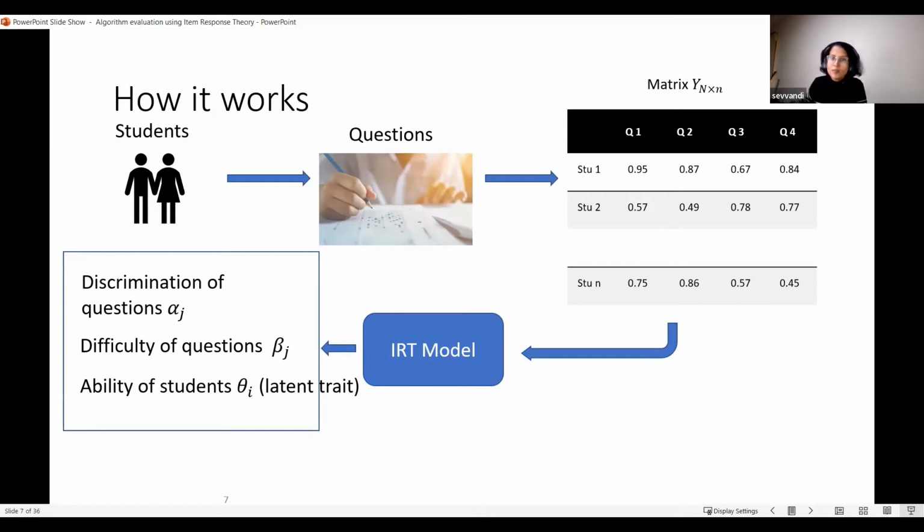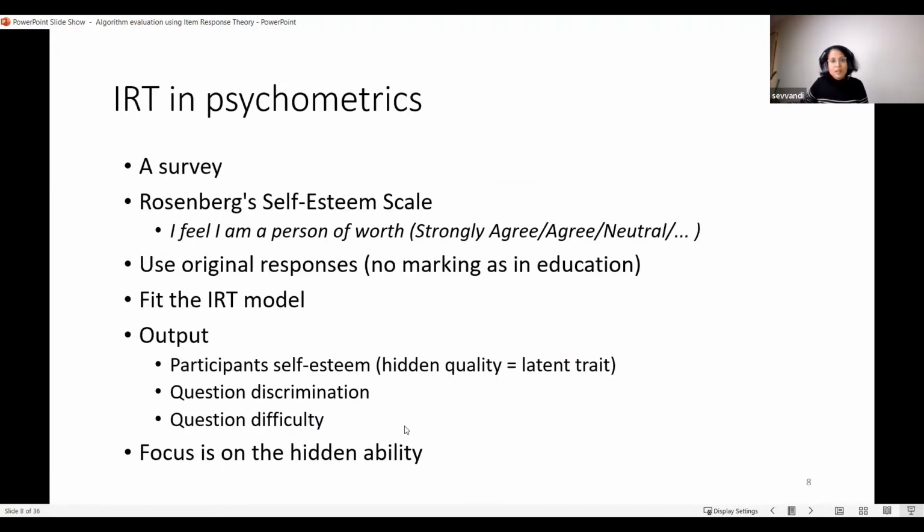After you mark them, you put in the marks and fit the IRT model, and for each test question you get how discriminative it is. And of course, you get the difficulty of the test questions as well. Then you get the ability of the participants, which is the latent trait, the hidden ability. So that's IRT in education.